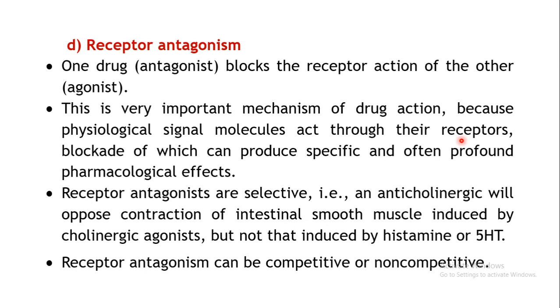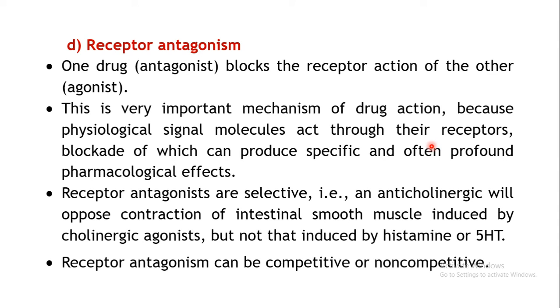We have seen the different types of receptors. There are different mechanisms by which the drug can produce its action, and action can be converted into effects by certain transducer mechanisms. So it's a very important mechanism by which most of the drugs will act.